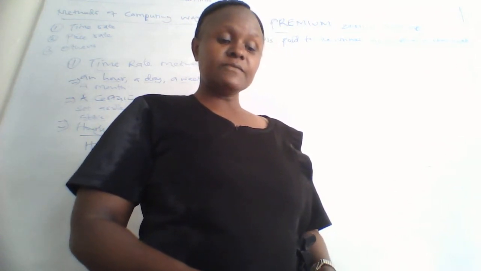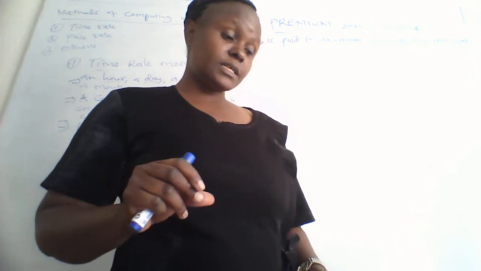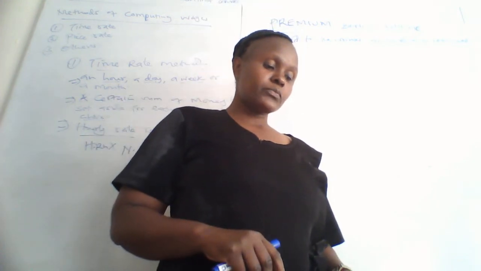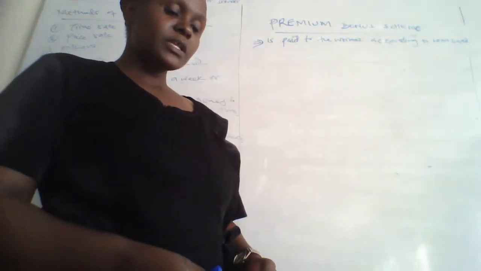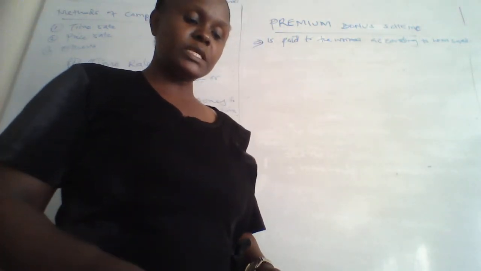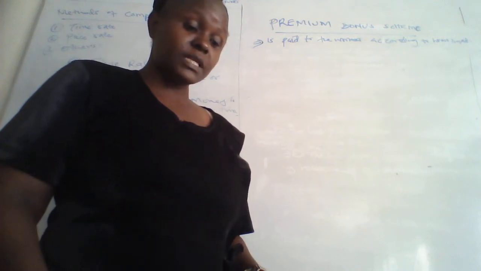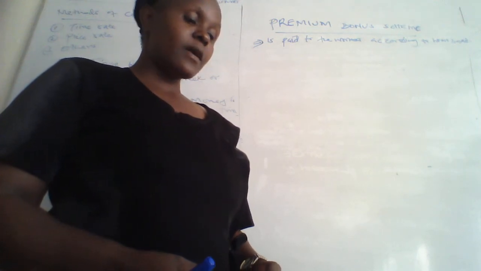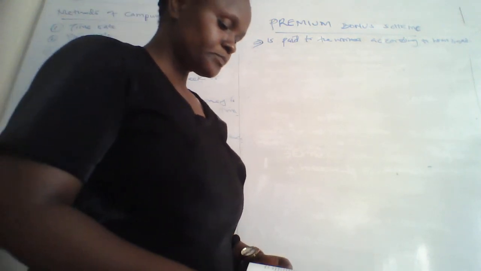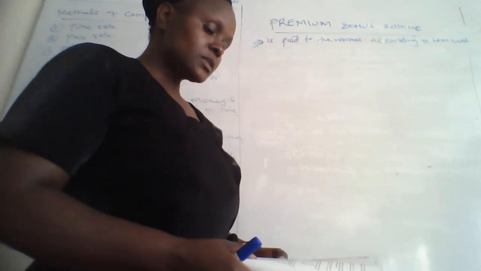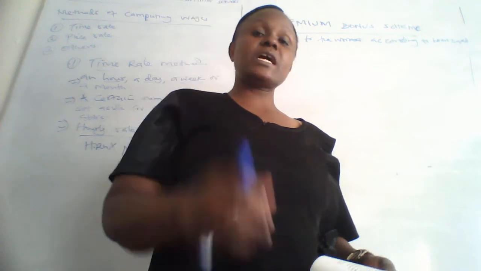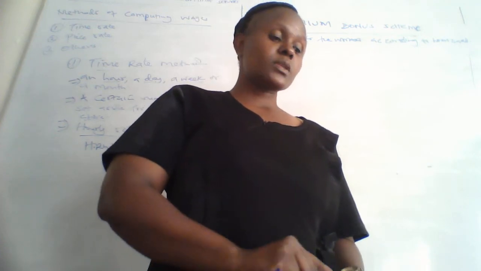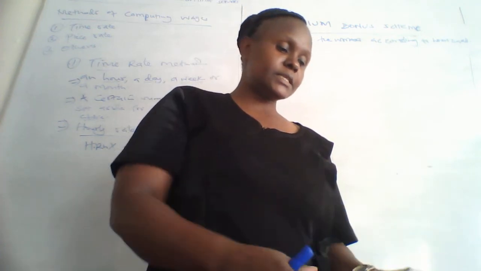If the workers complete the jobs in less than the time allowed, then these employees have saved some time, so they will receive a premium bonus. The bonus which accrues to the employer is going to be shared with the employees at a particular rate.